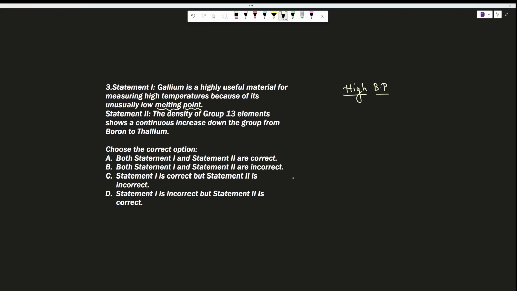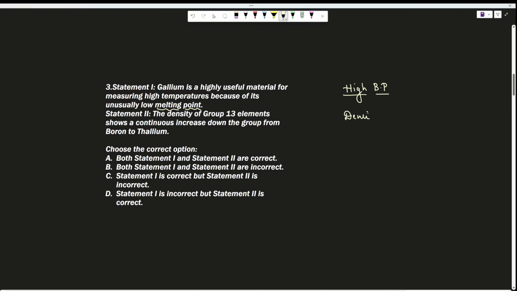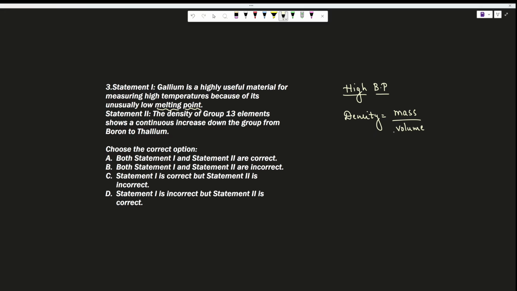Then statement 2 says, so here statement 1 is what? It is incorrect. Statement 2 says the density of group 13 elements shows a continuous increase down the group from boron to thallium. See, density is equal to mass divided by volume. So it depends on both mass and volume. As you move down the group, mass increases and also the size of elements increases and volume increases.